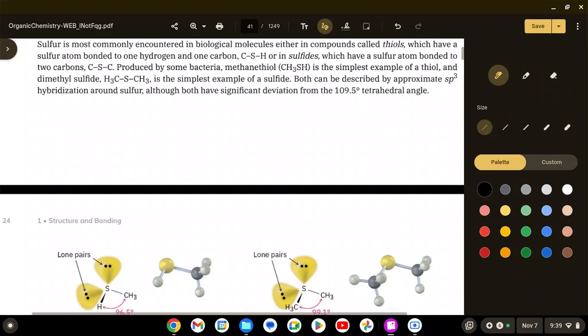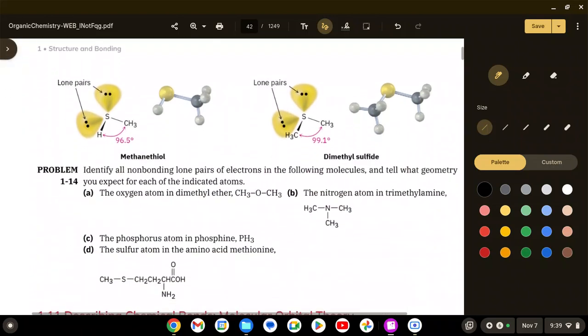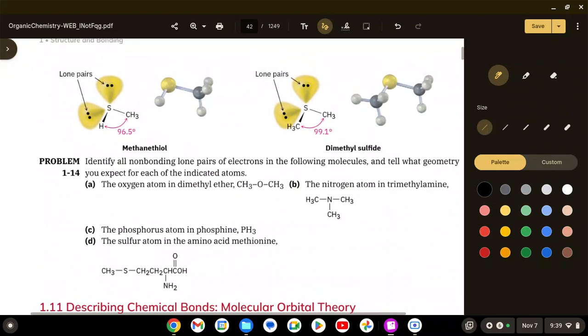Methane thiol is the simplest example of a thiol, and dimethyl sulfide, H3CSCH3, is the simplest example of a sulfide. Both can be described by approximate sp3 hybridization around sulfur, although both have significant deviation from the 109.5 degree tetrahedral angle. Yeah, 96.5, 99.1. It's pretty intense there.